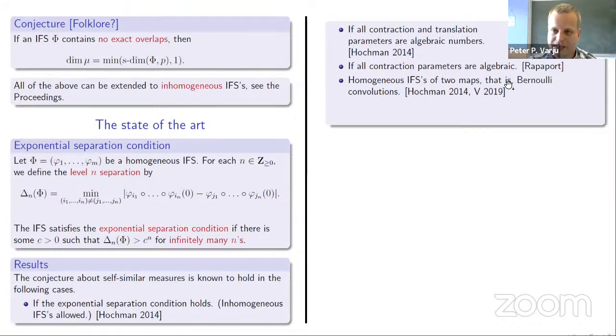These are those measures whose histograms I showed you before. So the case when the contraction is algebraic was covered by Hochmann, and I proved the transcendental case recently.